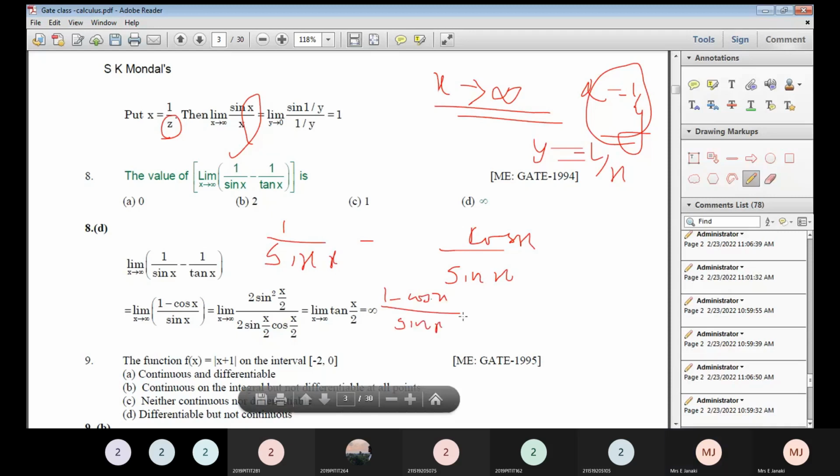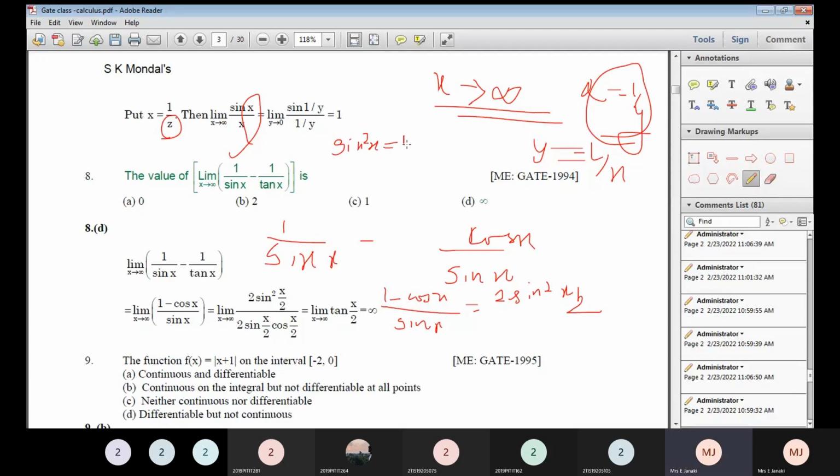Now 1 minus cos x can be written using a trigonometric formula. So 1 minus cos x can be written as 2 sin square x by 2, because sin square x is equal to 1 minus cos 2x divided by 2.